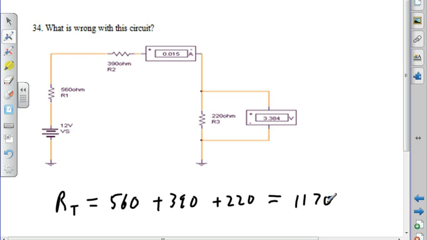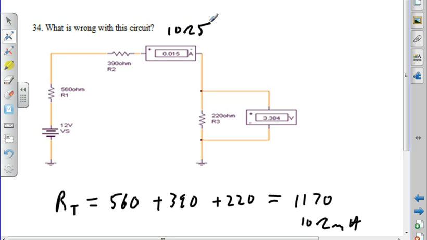And 12 divided by 1170 gives me 10.2 milliamps. This doesn't read 10.2 milliamps. So one of these guys is shorted.